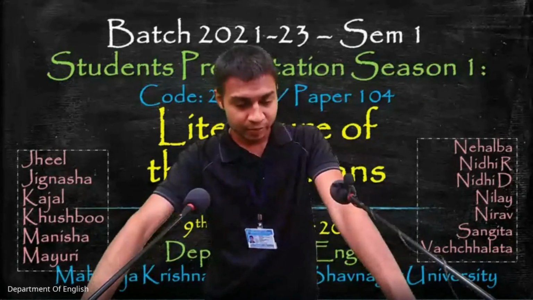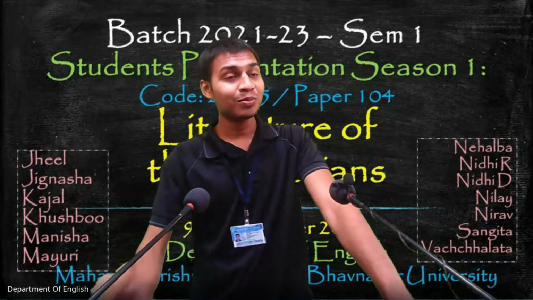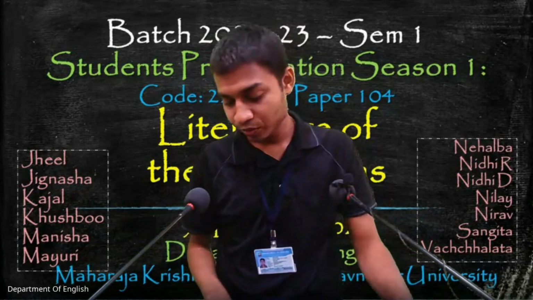What elements make Jude the Obscure a modern novel? So your question is, what elements make Jude the Obscure a modern novel? The very first thing is that a modern novel deals with technological issues.